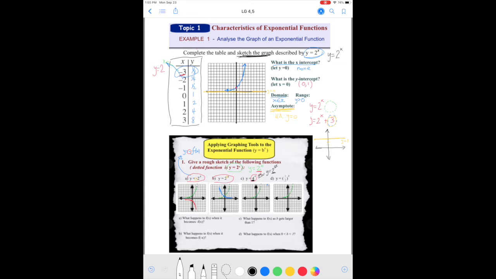So now I know that this number in front of the x is affecting the x, and so it is a horizontal compression, so it's being compressed in. So I can see that this one is going straight right up. It's going quite steep.